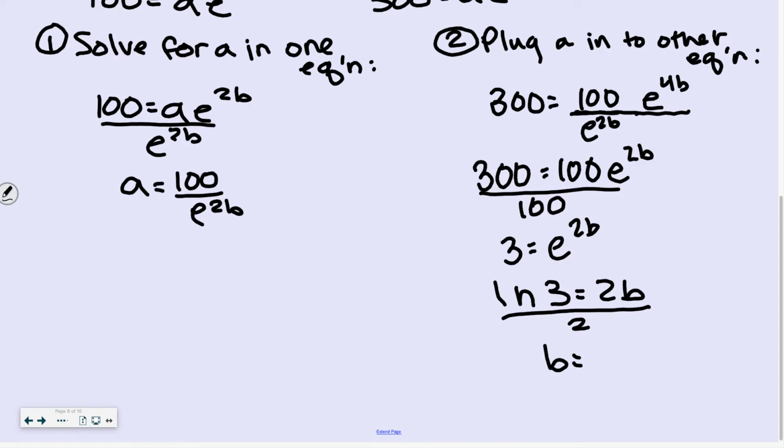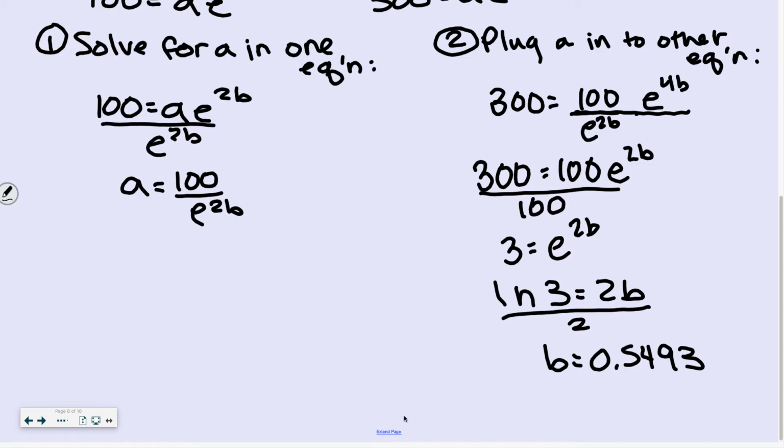So when I type natural log 3 divided by 2 in my calculator, I get 0.5493. I would say at least go to the thousandths, maybe even the 10,000th place. It's a more accurate model. And that makes sense because we said it was a growth model, so B had to be positive, which 0.5493 is.